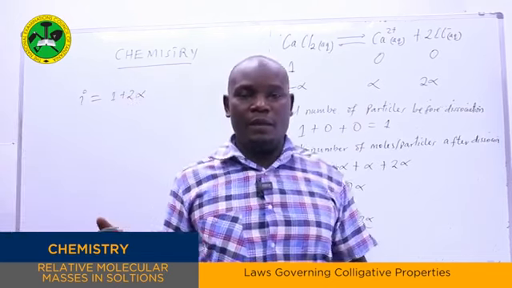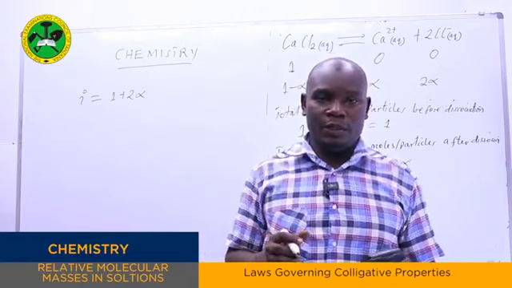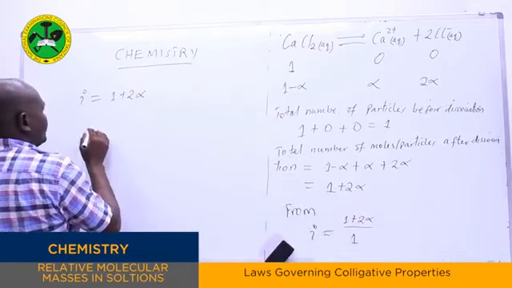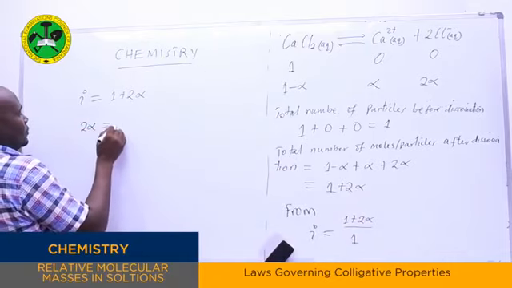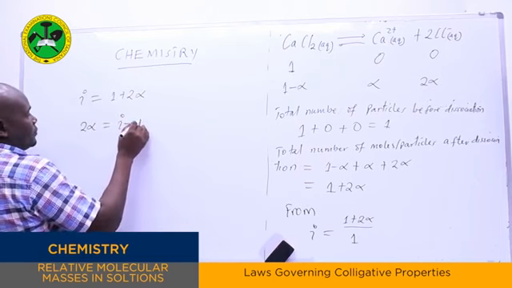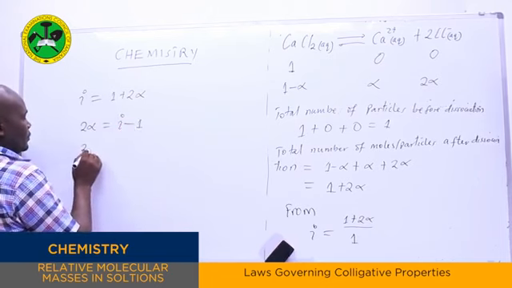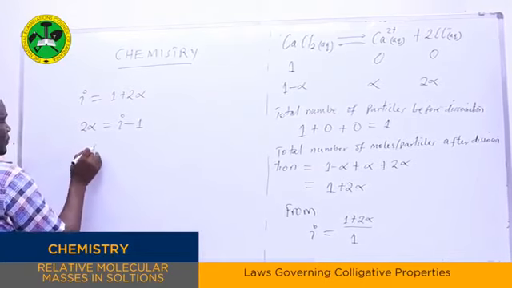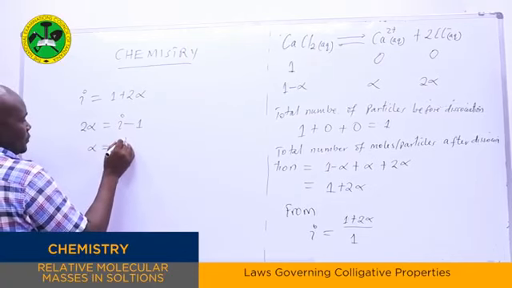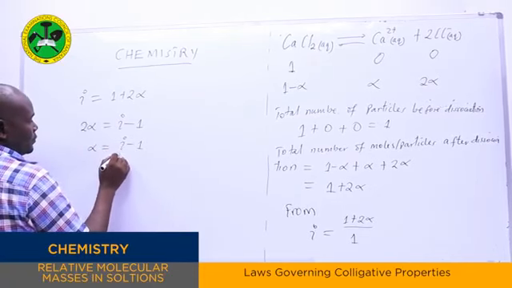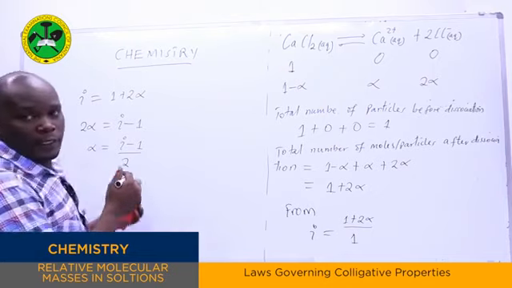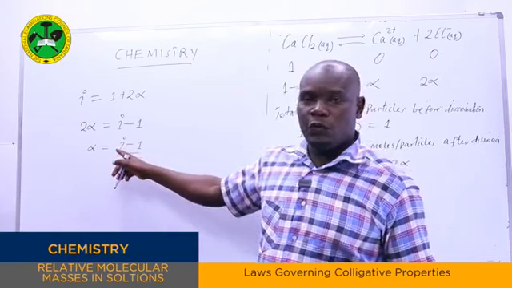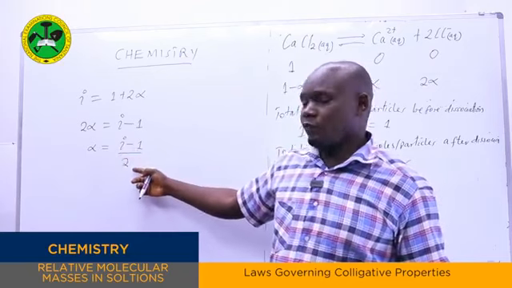From there, by making alpha the subject, which is our unknown variable, the degree of dissociation, the degree of dissociation will be found by taking the Van 't Hoff's factor minus 1, then dividing by 2.